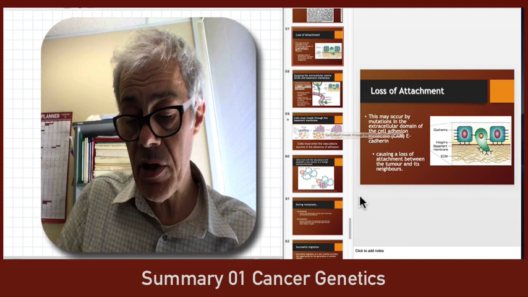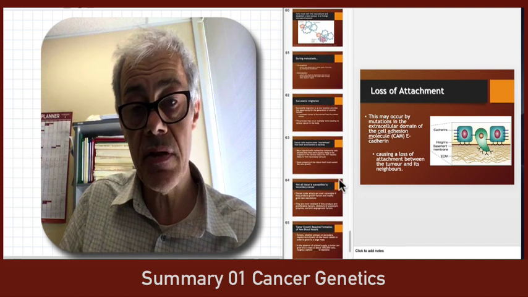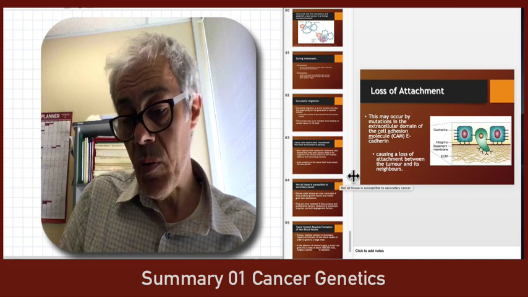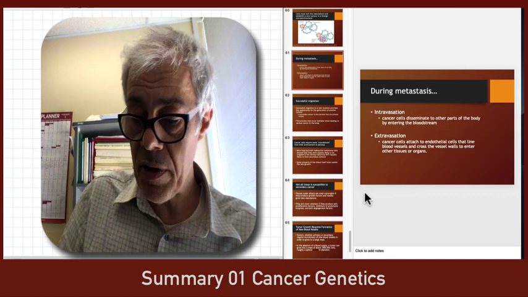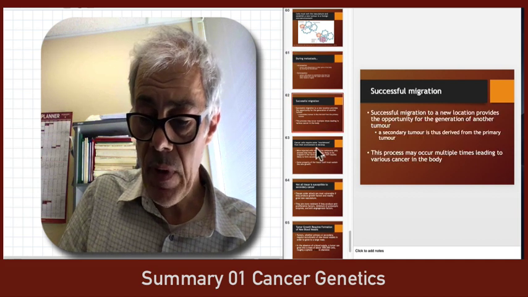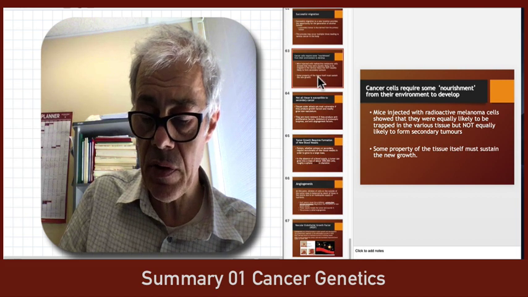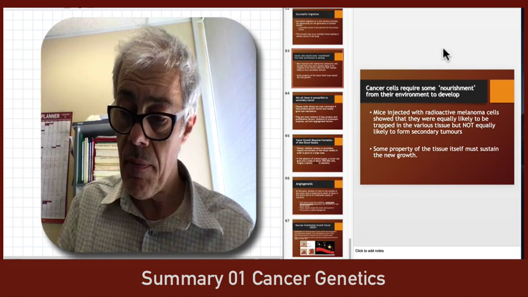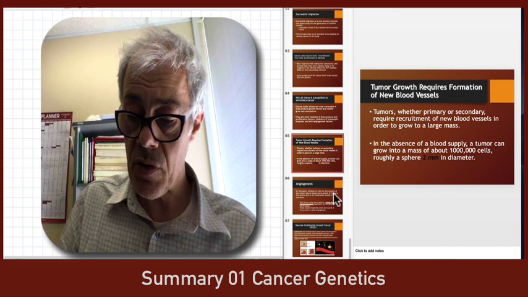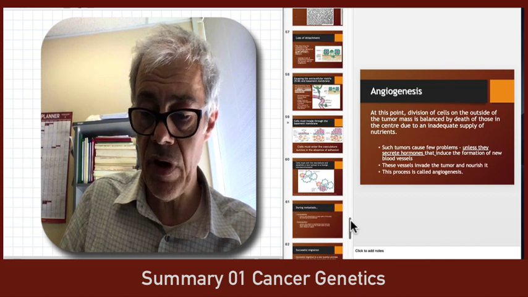Some tissues are more susceptible to invading cancer cells than others, and again we talk about some of those concepts. So just have a look at some of those slides and concepts.